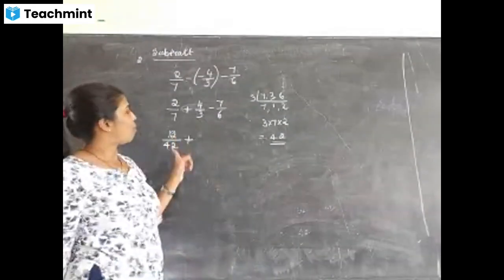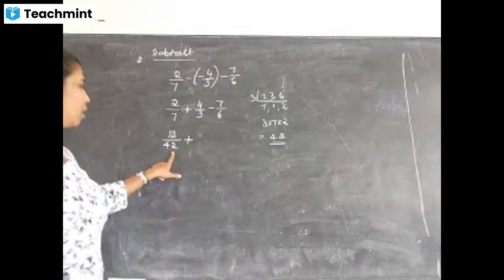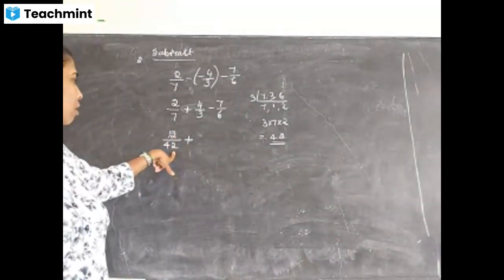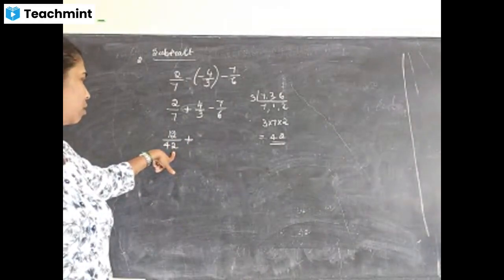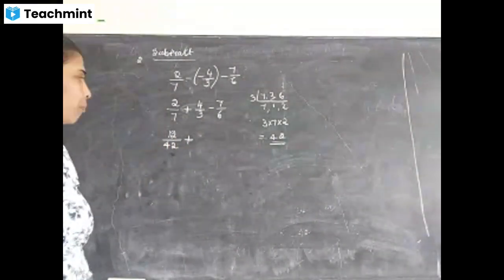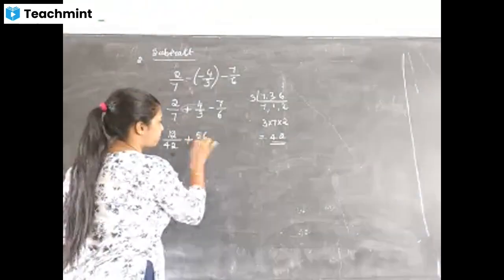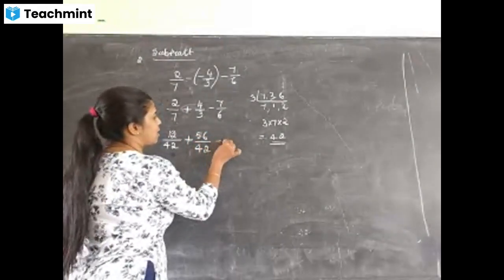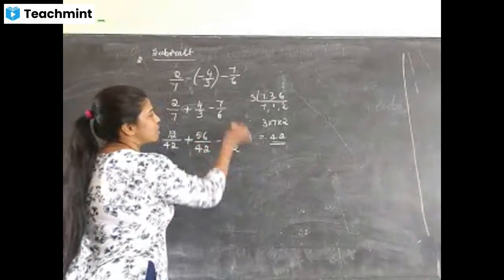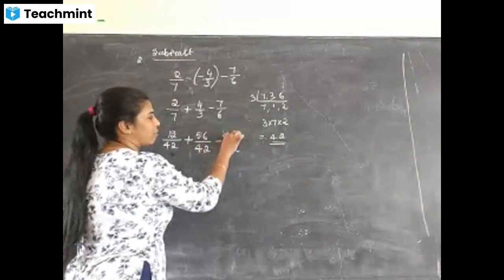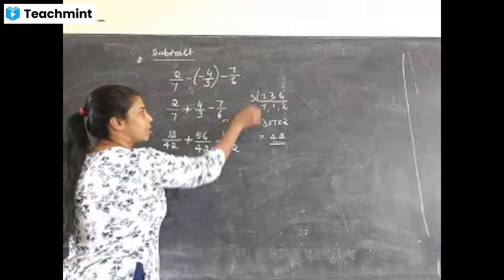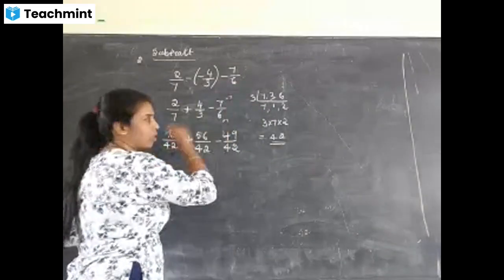Yes. 3 how much is 42? 3 fourteens are 42. 4 fourteens are 56. 6 sevens are 42, so 7 sevens are 49. Whatever number you multiply in the denominator, you have to multiply the same number in the numerator.